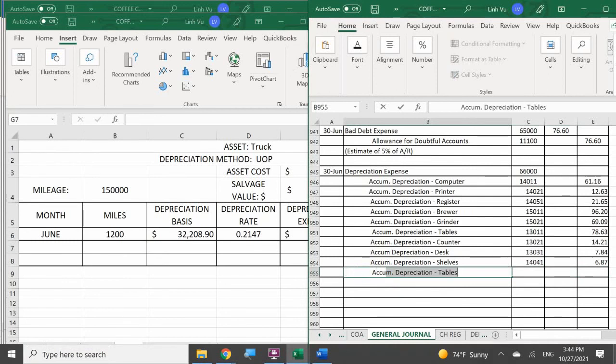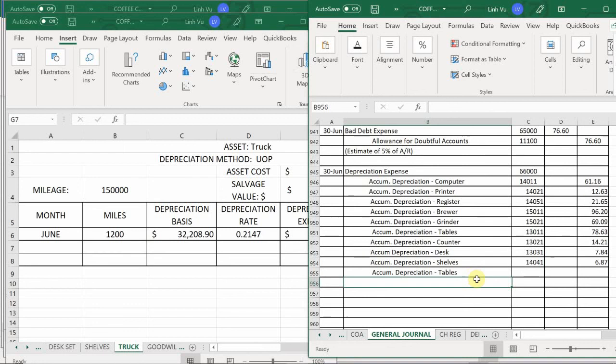Now we have amortization. It's the same, no? No, we still got the truck. Accumulated depreciation, truck. What is the truck? Vehicle accumulated depreciation, truck.